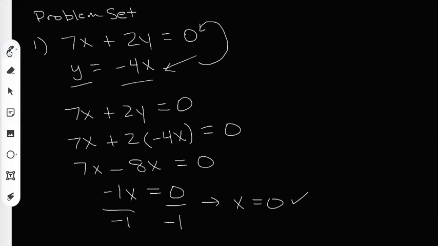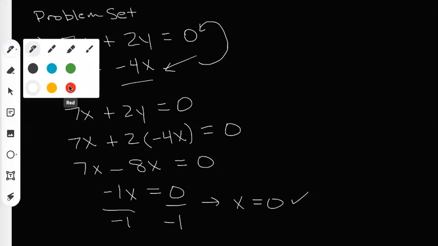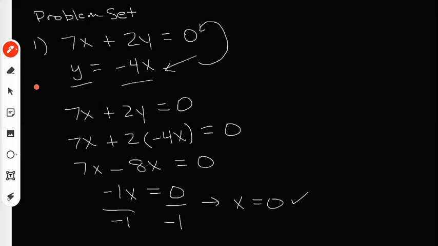So now I know what x is. X is going to be 0. But I still have to figure out what y is. So now I'm going to use this, and I'm going to do what's called back substitution.